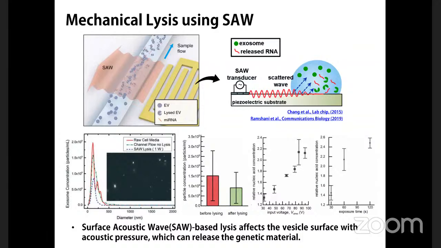As a result of confirming the exosome particle size after surface acoustic wave treatment, it can be seen that the particle size is smaller than the existing exosome size. In addition, as the surface acoustic wave operating voltage and exposure time increase, the concentration of nucleic acid increases.